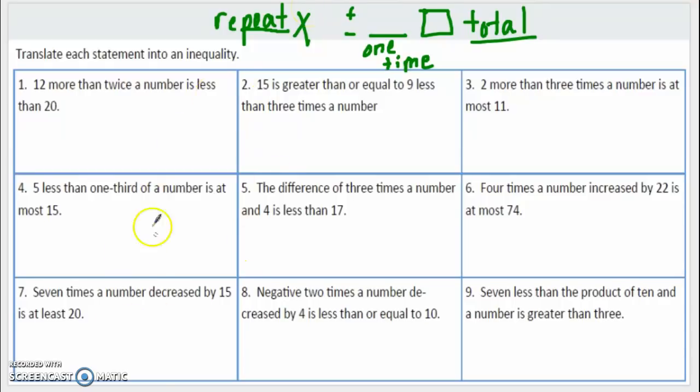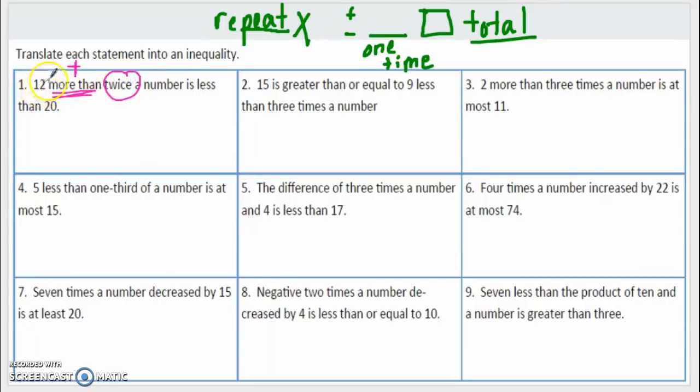So if we look at number 1, we have 12 more than. If we think back to the math words that we've looked at before, more than means we're going to be adding. 12 more than, twice a number.